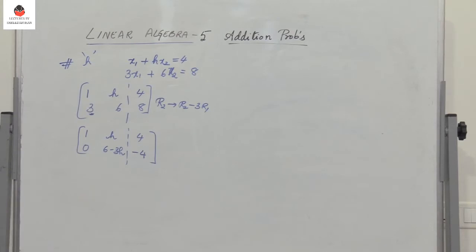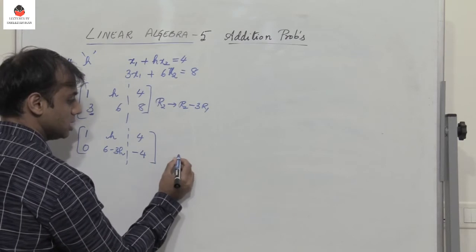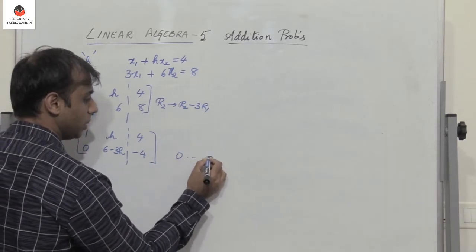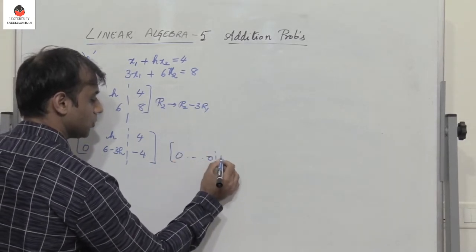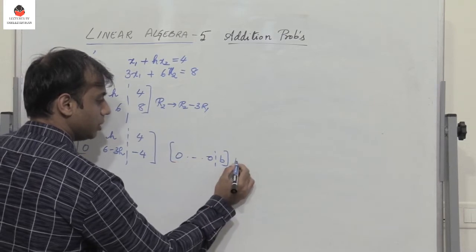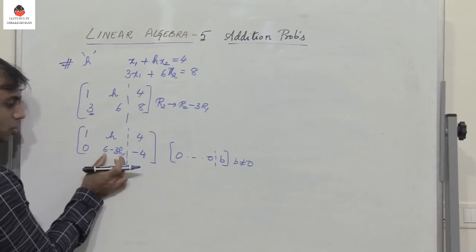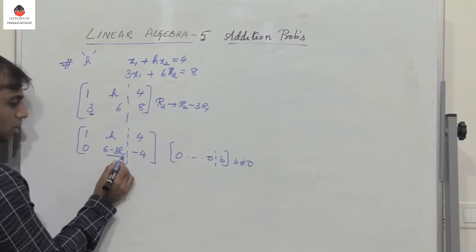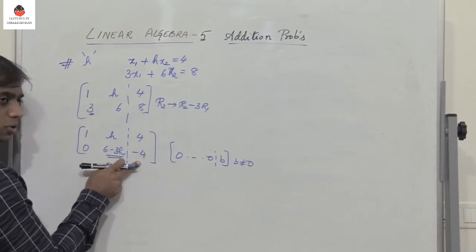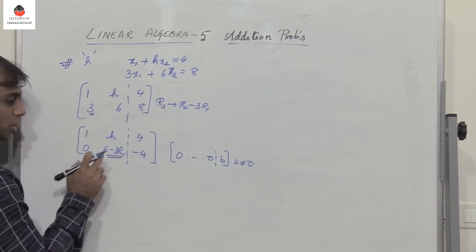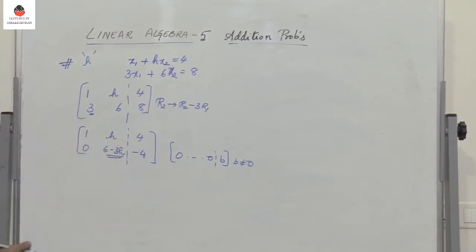Do you remember the condition for inconsistency? The condition for inconsistency is a row of the augmented matrix of the form 0 0 b, where b is not equal to 0. Now, if this element becomes equal to 0, that means if I get a 0 here, and this is of course non-zero because it's minus 4, then the system becomes inconsistent.